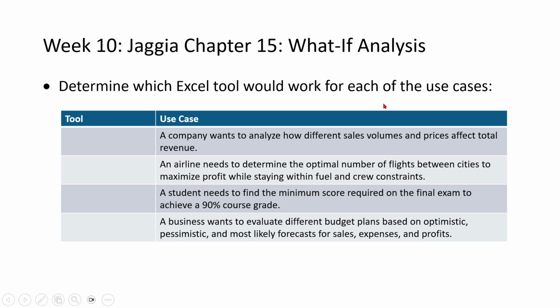So one of the ways that might be is by the use of a data table. If you recall, a data table is a way in which we can use what-if analysis to alter a variable to see the outcome of, in this example, maybe sales volumes and total revenue or whatever.